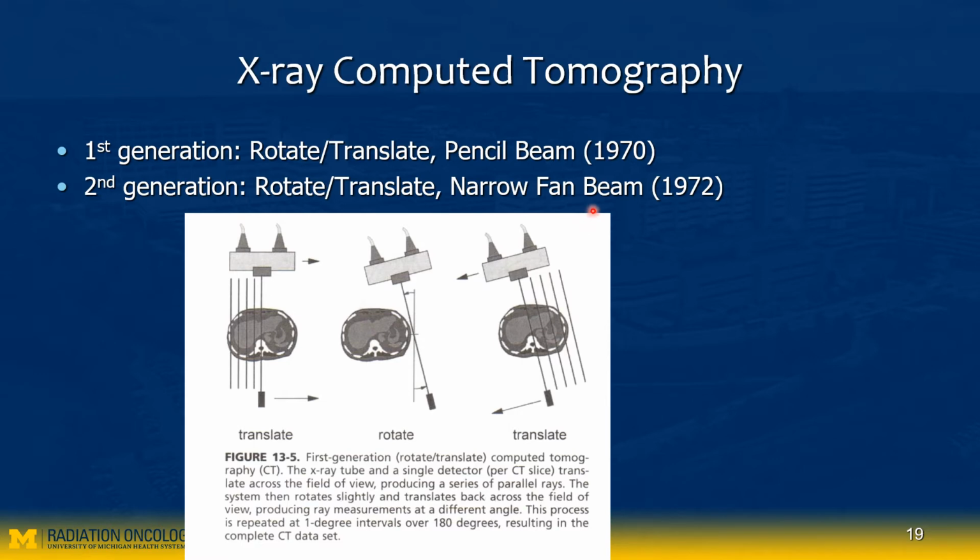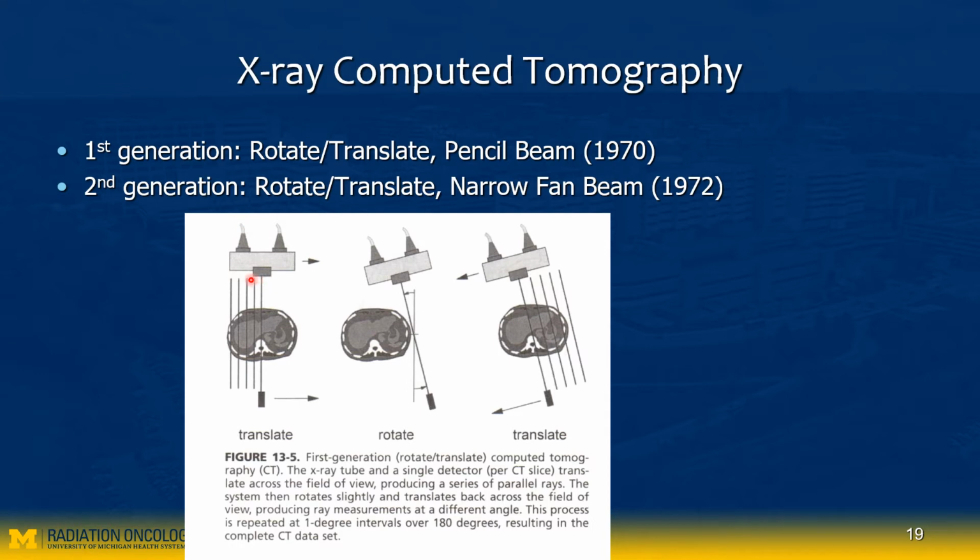So CT image reconstruction technology has evolved significantly ever since the introduction of the first generation. First generation CT can be categorized as rotate and translate, using a pencil beam. This image is showing first generation CT tomography. You have an object, then this is the detector, and this is the X-ray source.